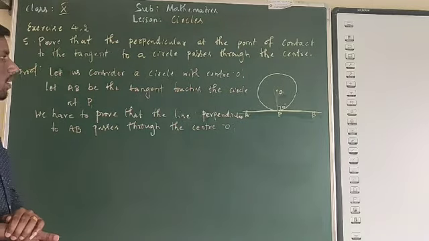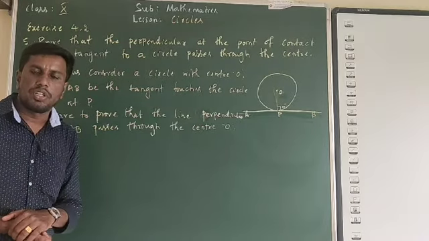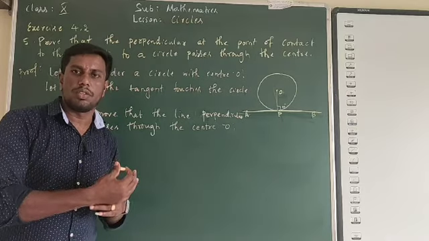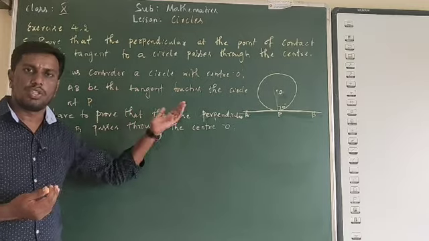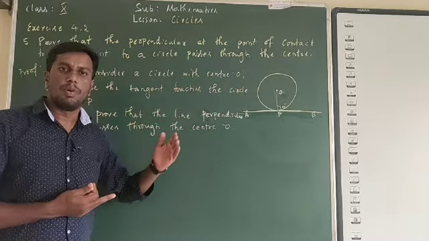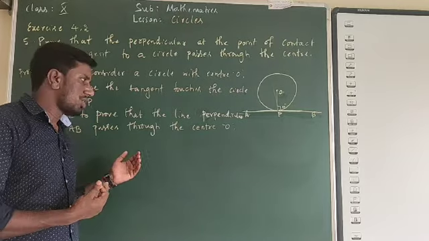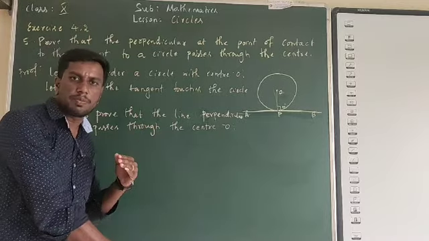Now we will be proving this theorem by the contradiction method. We have learned what the contradiction method means in the real numbers lesson. We proved the theorems that root 2 is irrational and root 3 is irrational. These types of problems we proved by using the contradiction method only, right? So what do we mean by contradiction method? We will be assuming in a reverse manner.